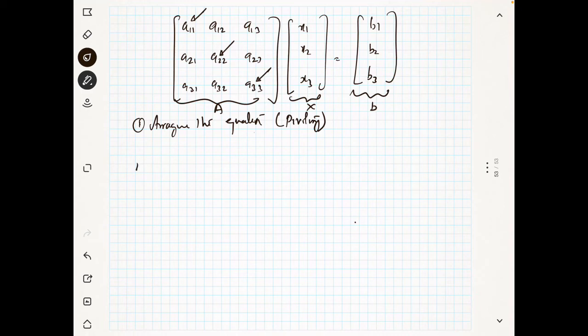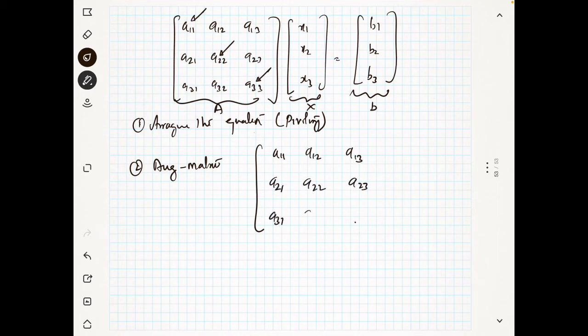Now I can write the augmented matrix as A11, A12, A13, A21, A22, A23, A31, A32, A33, and I will write the augmented matrix like this. This is B1, this is B2, and this is B3. And the third procedure, convert this part.